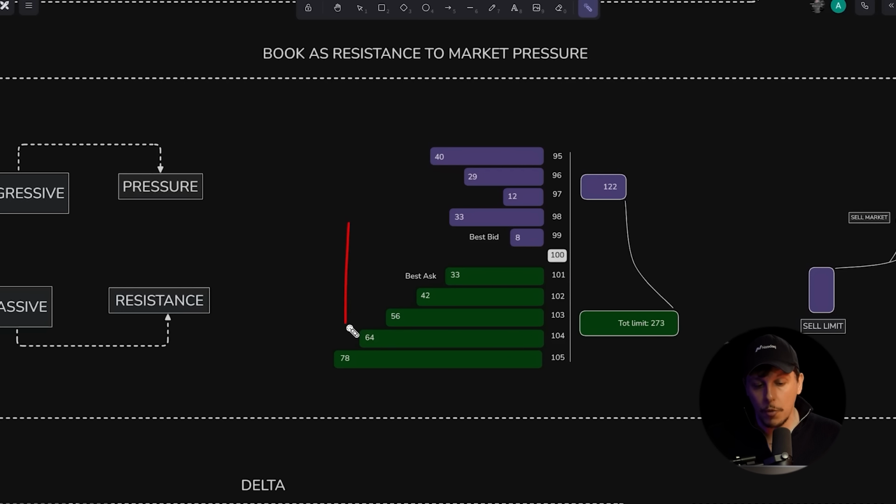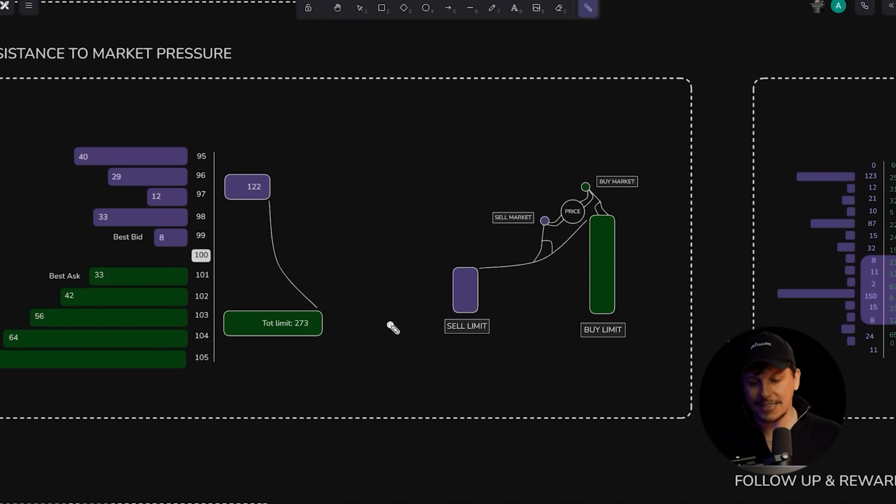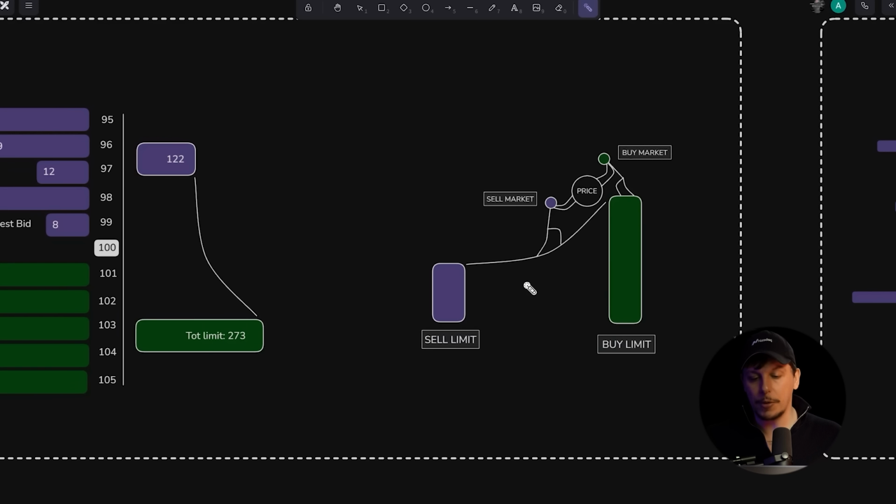So you need a lot more aggression to pierce through this. Let's go on and understand in this example, from the concept of path of least resistance, it's easier for the market to continue higher here and pierce through these passive orders instead of breaching through this level.